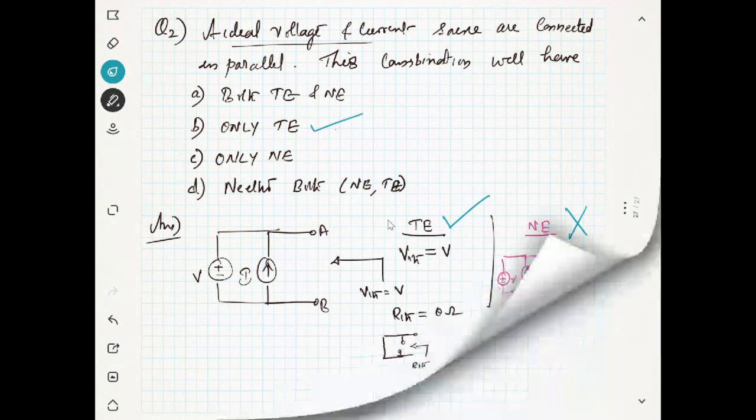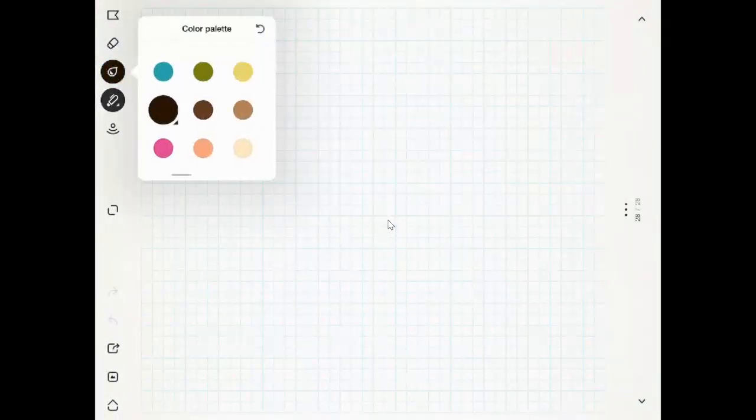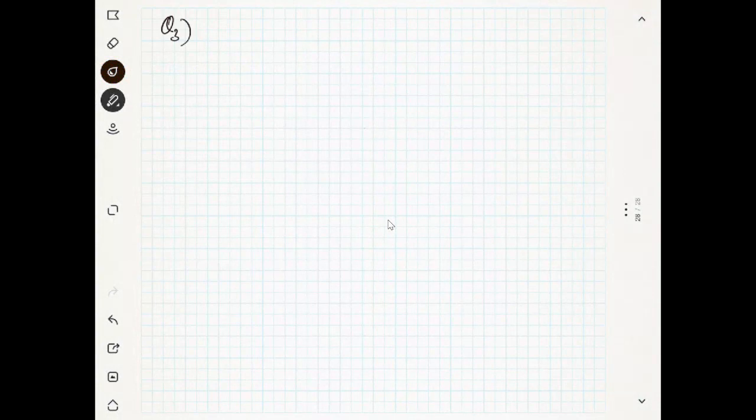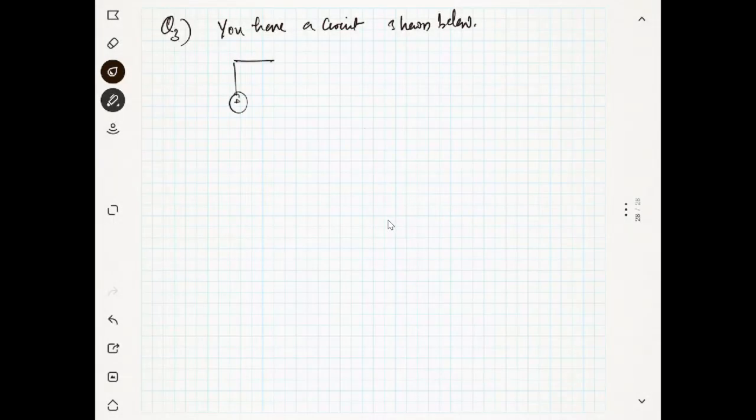The next question, question number 3, the same thing like this. In the next question, you have a circuit shown below, and the circuit is like this. You can see here, this is V, and there is a current source connected in series with this.